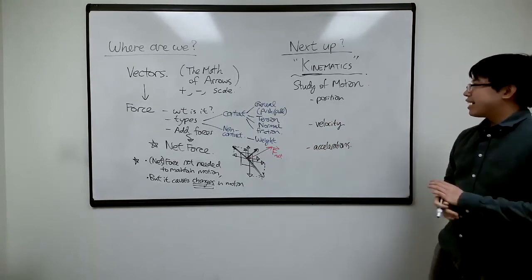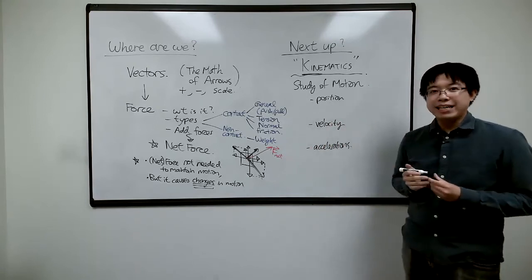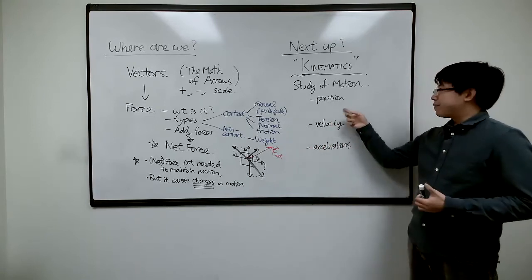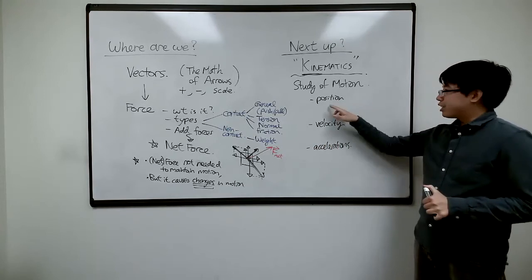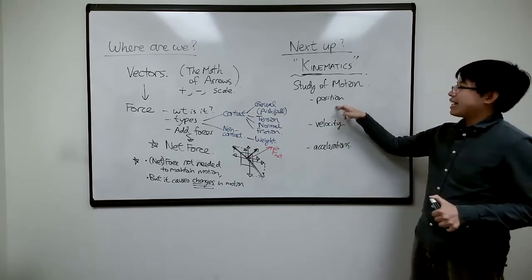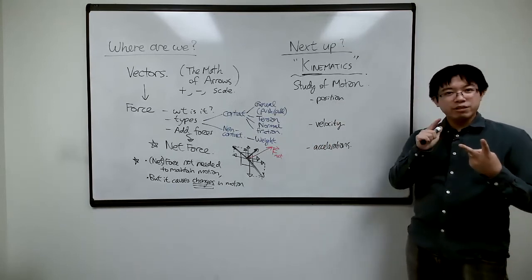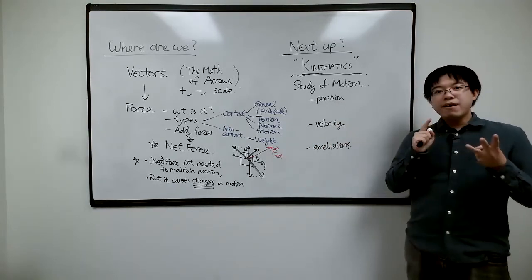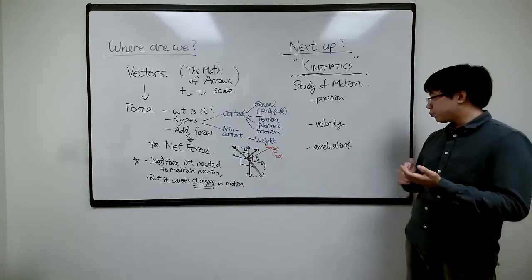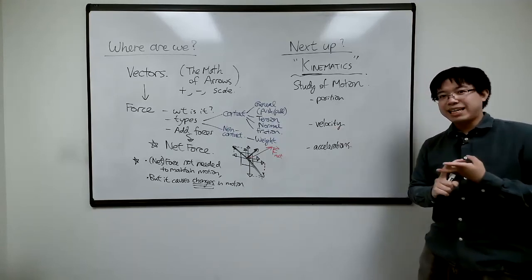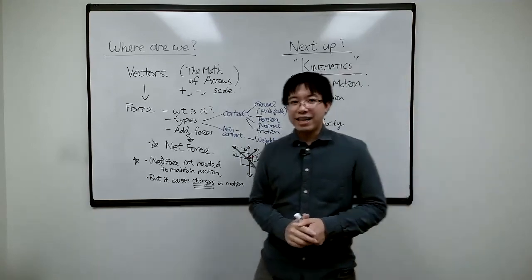Position, velocity, and acceleration are our key players. And there are also a couple of, let's say, cousins of these jargon words. For example, displacement and distance. What's the difference between displacement and distance? What's the difference between velocity and speed? What's the difference between average acceleration and instantaneous acceleration? We'll look at all that in the next video.